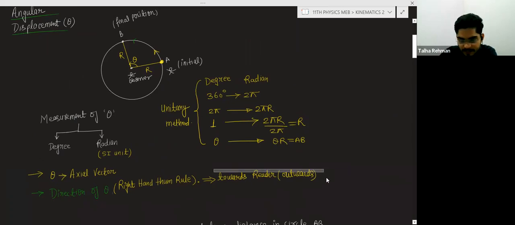In this case, the direction of theta is towards the reader or outward. It can be inward also.